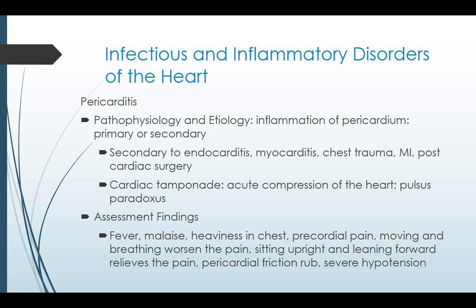Okay, pericarditis. Pathophysiology and etiology: inflammation of the pericardium, primary or secondary. Secondary to endocarditis, myocarditis, chest trauma, MI, post-cardiac surgery. Cardiac tamponade, which is caused by pericarditis, causes the heart muscle to be constricted, from excess blood or fibrous attachments.